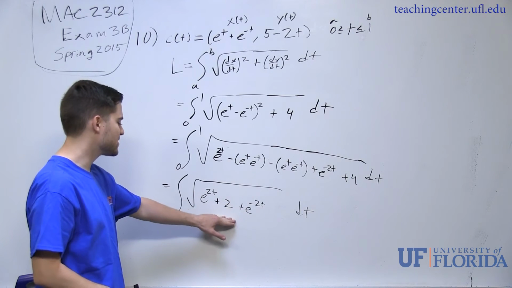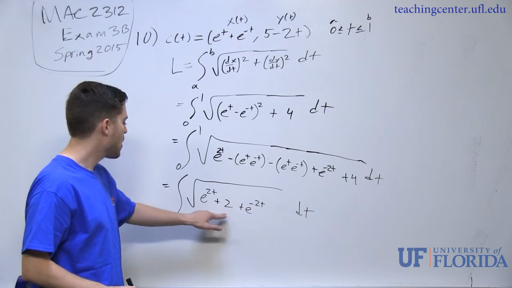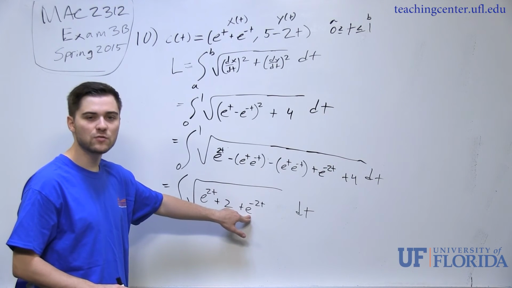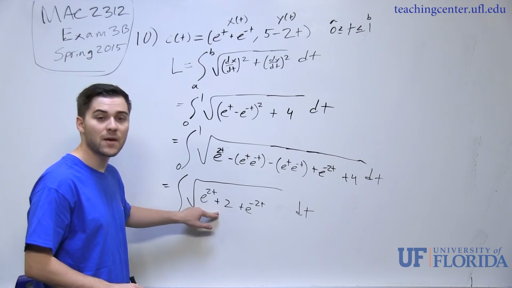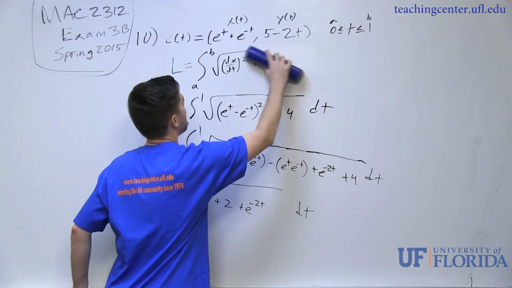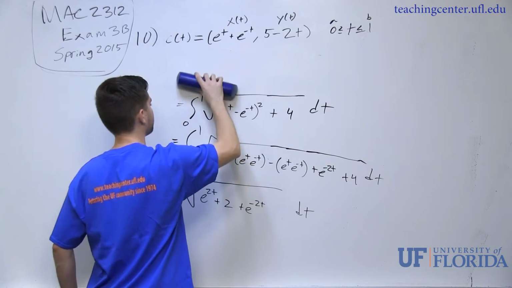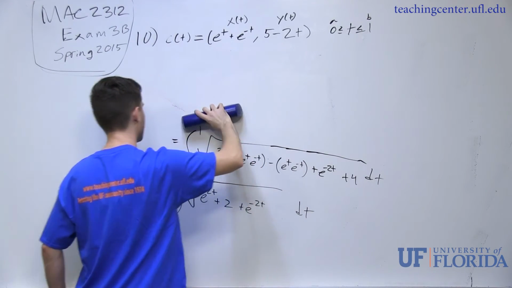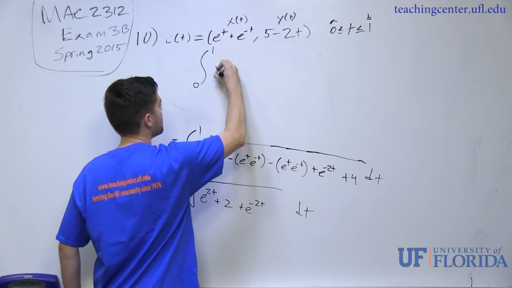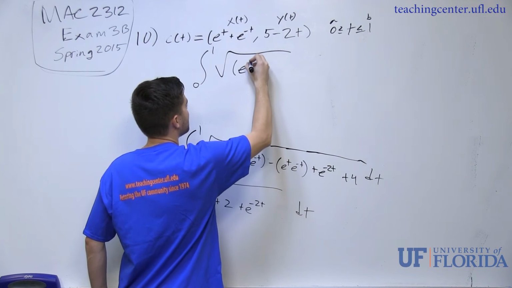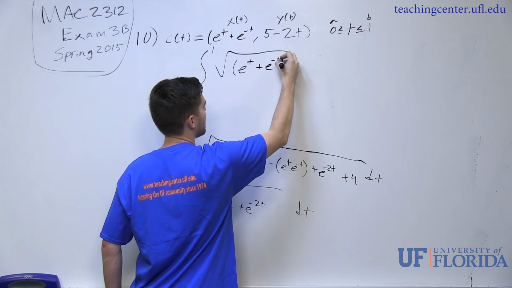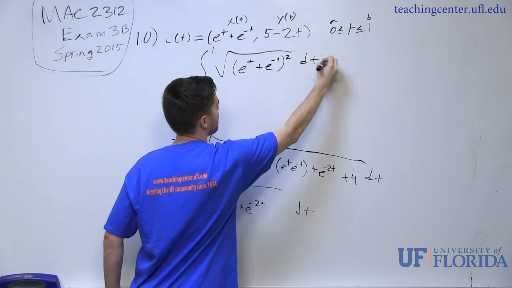So now I just need to figure out a way to simplify this. Right off the bat, it doesn't seem like there's anything that really simplifies this, but I noticed that there's an e to the 2t here and an e to the negative 2t here. So it looks like maybe I can make a perfect square out of this. If I try to reduce that down, I actually end up getting the integral from 0 to 1 of e to the t plus e to the negative t, quantity squared.